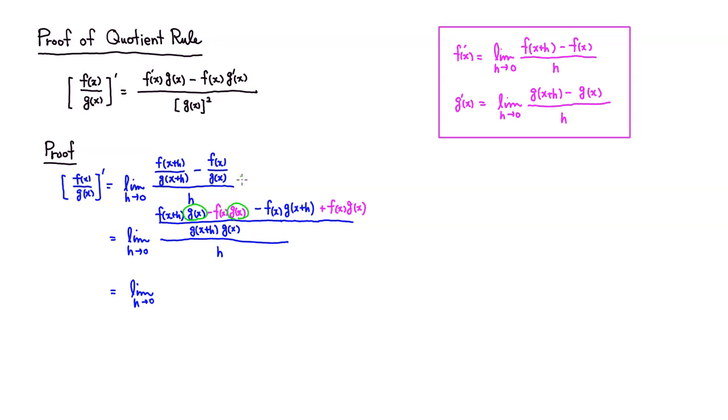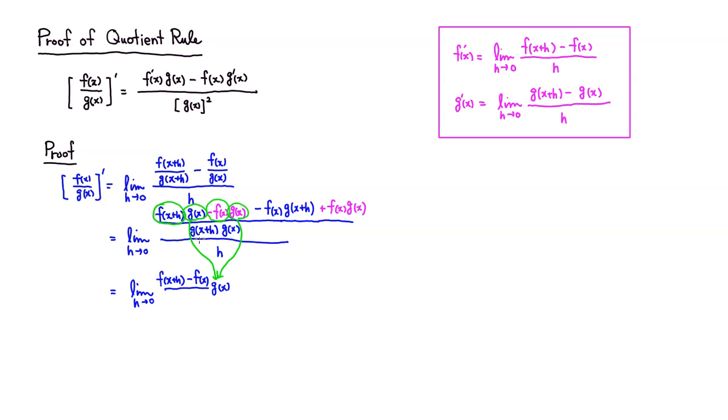So I'm going to pull that out. Then what's left is f of x plus h from the very first term, and then minus f of x, which is exactly what we wanted.